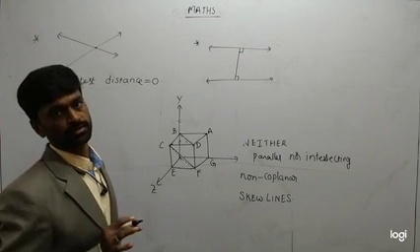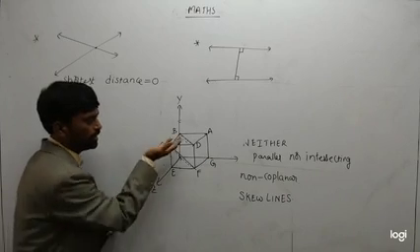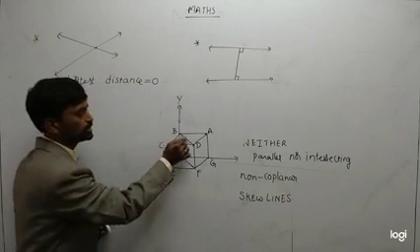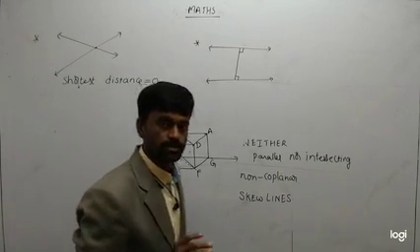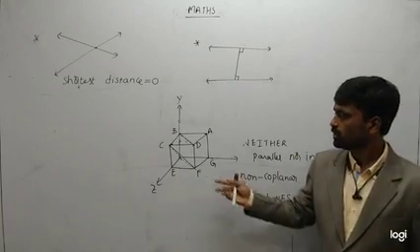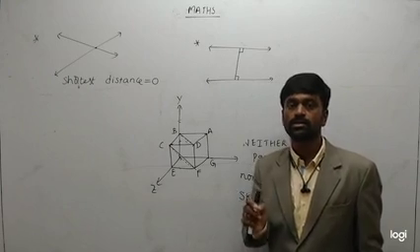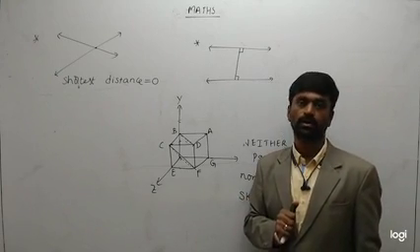Okay. So this is this face and this is the above face. So these two lines are what? Neither intersecting nor parallel. So obviously they are non-coplanar, and such lines are called skew lines. Okay, understood?